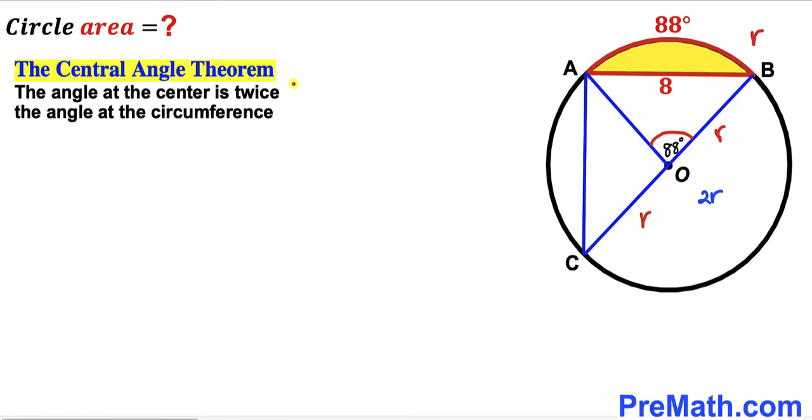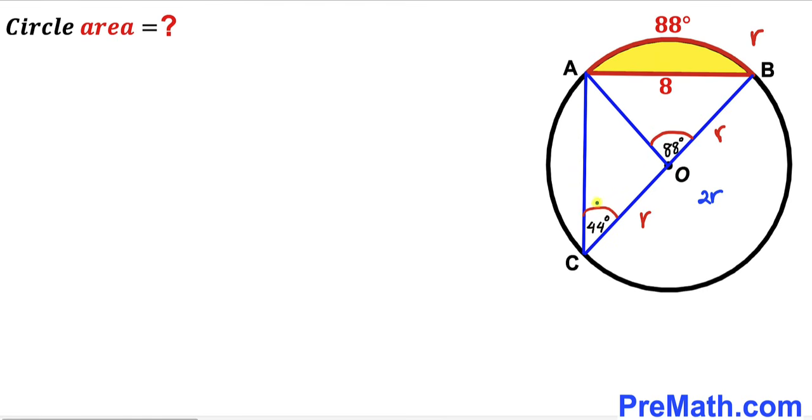So according to the central angle theorem, the angle at the circumference is half of the angle at the center. If this is 88 degrees, then this angle has got to be 44 degrees. Thus our angle ACB turns out to be 44 degrees.